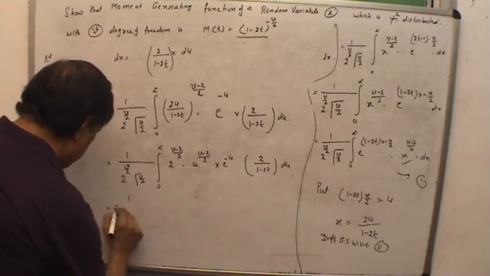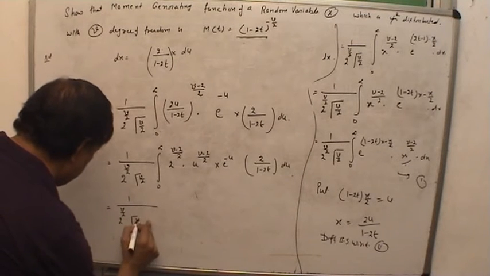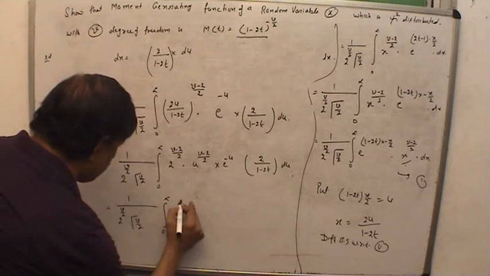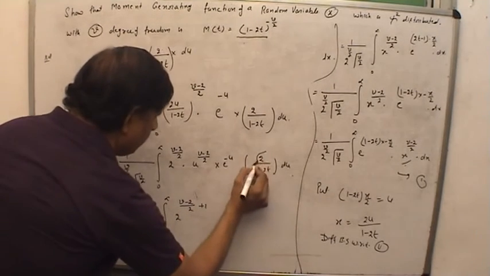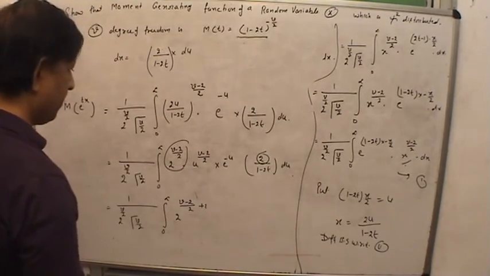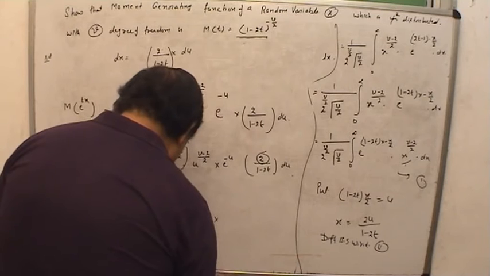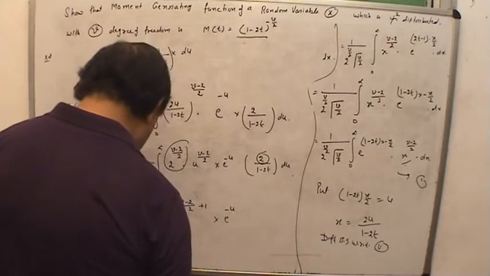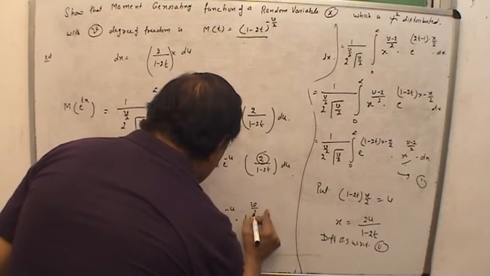That is equal to 1 upon 2 raised to the power v by 2 gamma function of v by 2, from 0 to infinity, 2 raised to the power v minus 2 divided by 2 plus 1. That we have added the both two. Bases are same, powers are added. Plus 1 into u raised to the power, into e raised to the power minus u, into u raised to the power v by 2 minus 1.